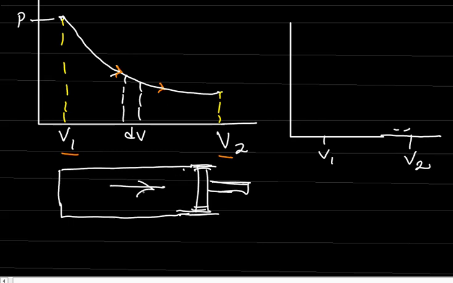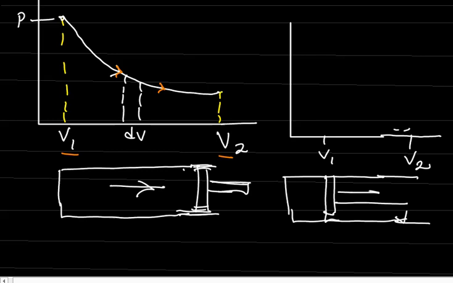This is expansion, then after the expansion the next is a compression, which is the movement from V2 back to V1.